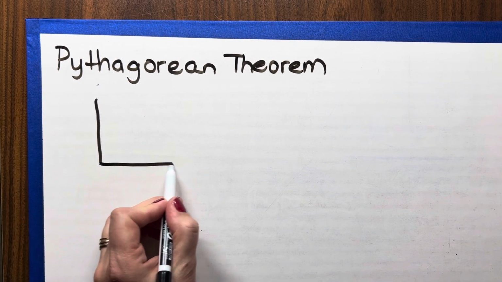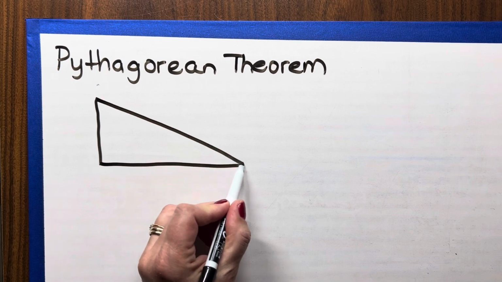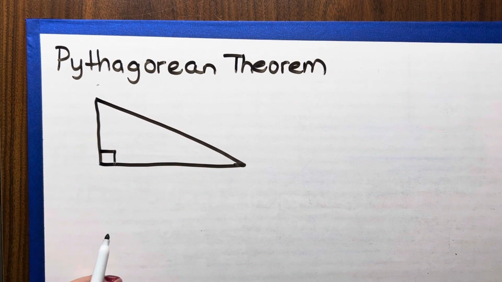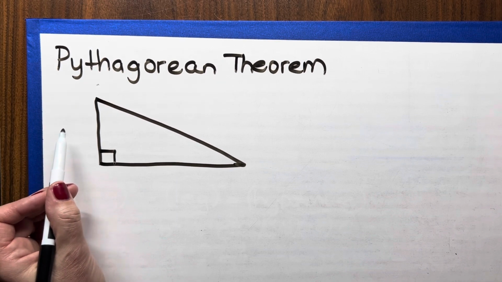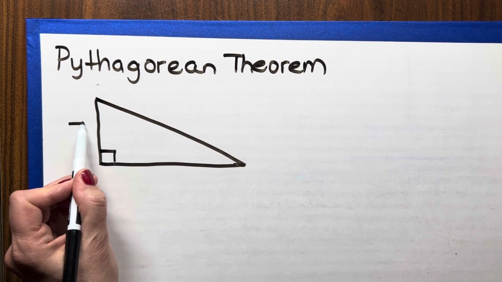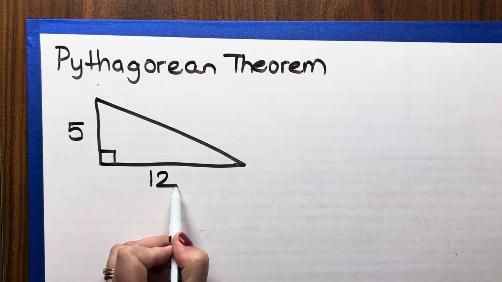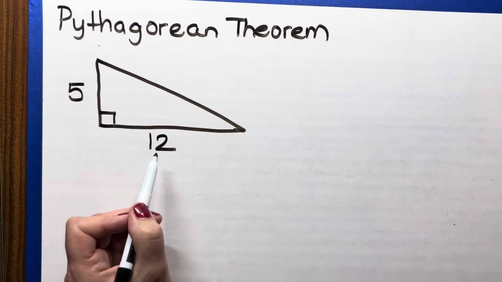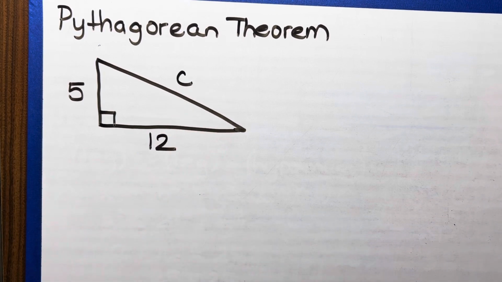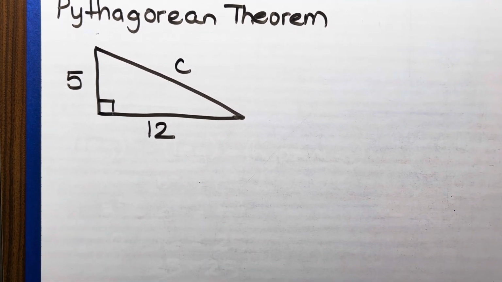Let's draw a right triangle. Pictures are always a good idea when you can do one. So let's start off where we have a side that is length 5 and a length 12. These are the legs. And we have to find the c, which is the hypotenuse. That's the longest side.